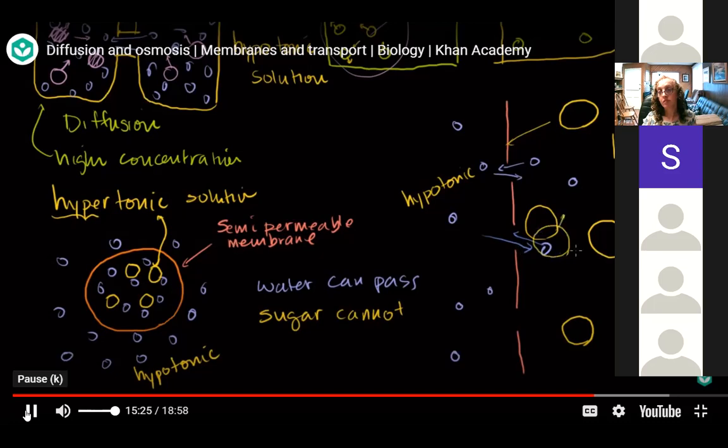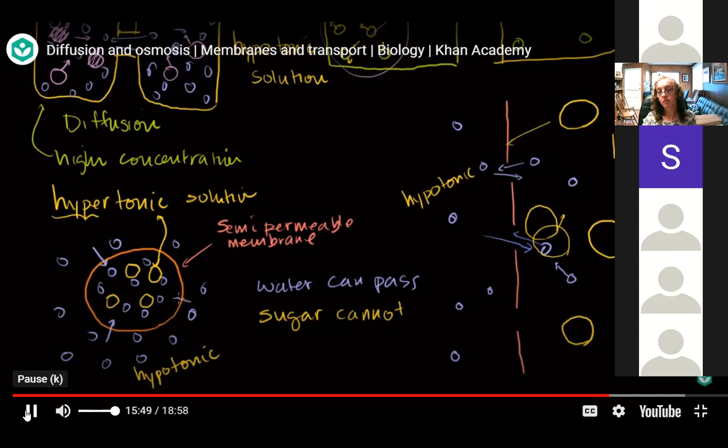If a water molecule was approaching, it's all probabilistic, and we're dealing with gazillions of molecules. It's that much more likely to be blocked from getting outside. But for the water molecules from the outside, there's nothing blocking them from getting in, so you're going to have a flow of water inside. So in this situation, with a semi-permeable membrane, you're going to have a net inward flow of water.